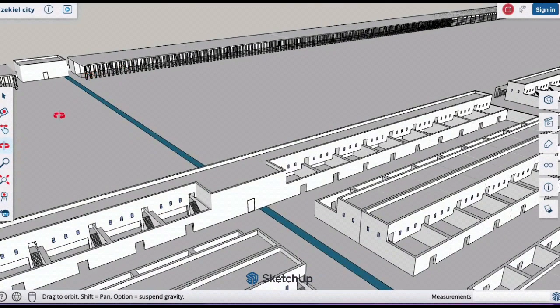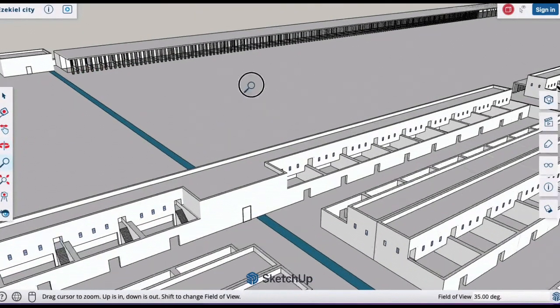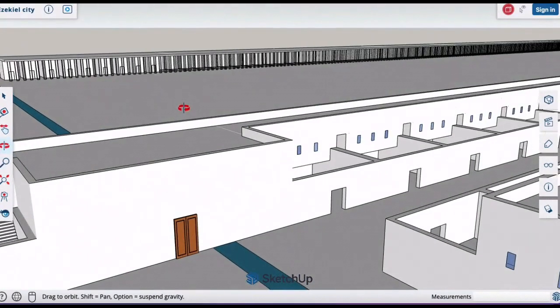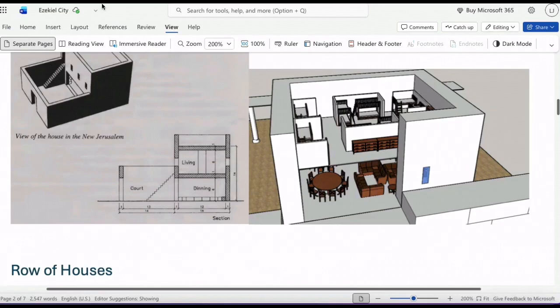Okay, there's a space between them. And let's see. You can see a slight space there. Okay, so in our Ezekiel City, we have the feature of dwelling houses, just like we do in the temple.